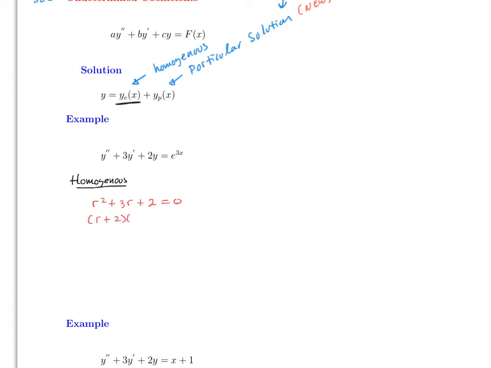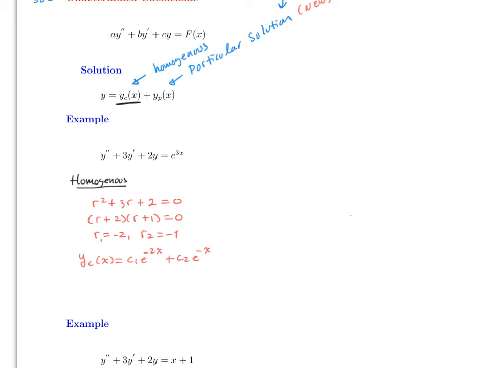Then we factor this, and r1 is negative 2, and r2 is negative 1, exactly like we did before. So therefore, the characteristic solution or homogeneous solution is going to be c1 e to the minus 2x plus c2 e to the minus x, which is exactly what we did before.